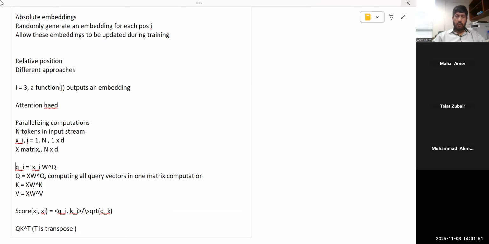For each token, for each input position, we define three representations of that input. एक रिप्रेजेंटेशन हम कहते हैं वो क्वेरी रिप्रेजेंटेशन है, एक रिप्रेजेंटेशन कहते हैं की रिप्रेजेंटेशन है, एक रिप्रेजेंटेशन कहते हैं वैल्यू रिप्रेजेंटेशन. एंड ऑल ऑफ दिस representations are obtained by projecting your input onto the corresponding parameter matrix W, ठीक है. So W^Q, superscript Q means this is the parameter for the Q vector. Similarly, W superscript K is the parameter for the K vector and so on.